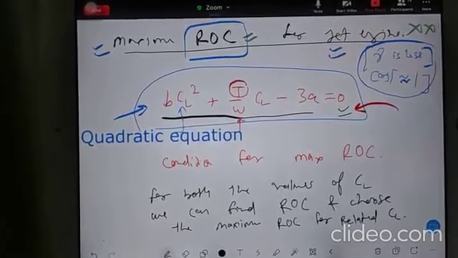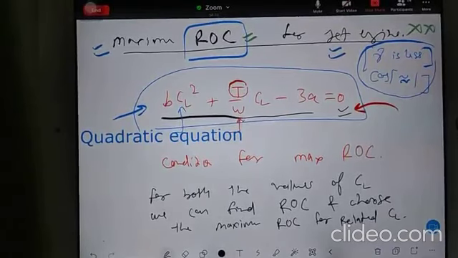Like I have an example. In that example, two values of Cl are coming, one positive, one negative. So on both the values of Cl, I will find out my CD value, and I will put it in the equation. I will find out my Vmax value. So Vmax value will be something.